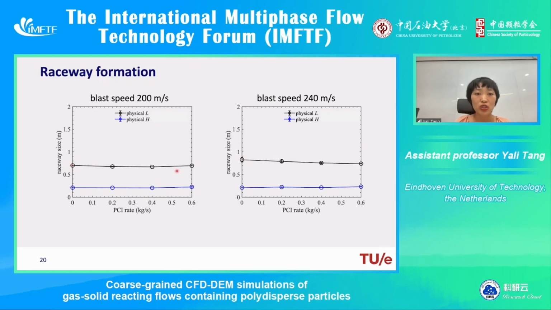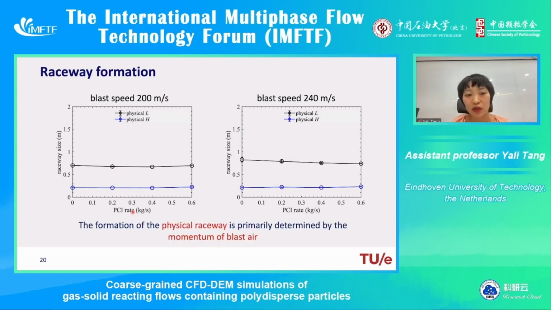However, in both conditions, the raceway size does not change with the coal injection rate, and this gave us a conclusion that actually the coal combustion has almost no influence on the formation of the physical raceway, by the way. So the formation of the physical raceway is primarily determined by the momentum of the blast air only. So how about the chemical raceway?